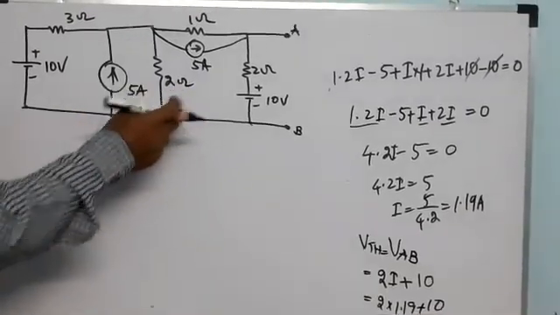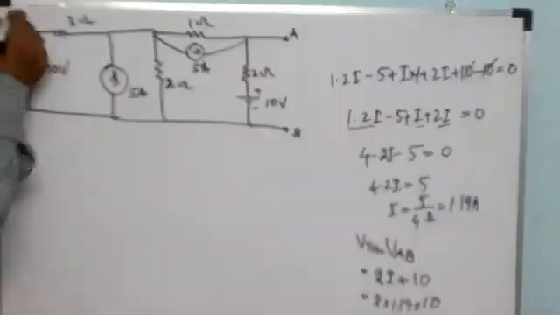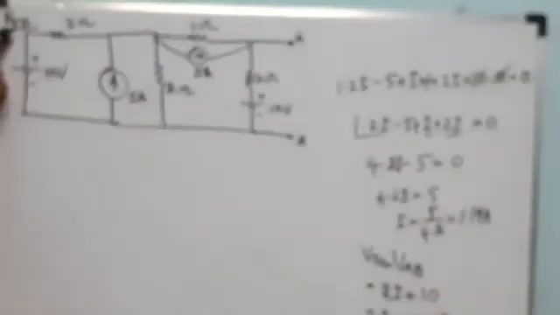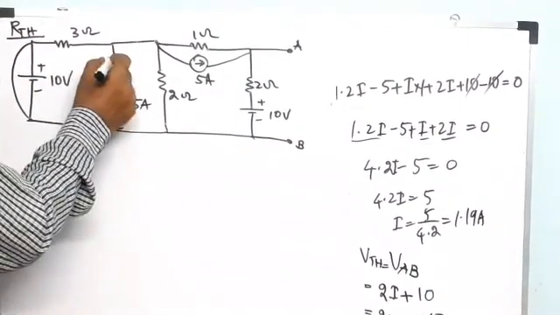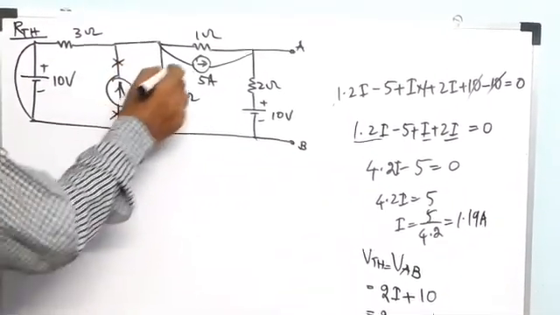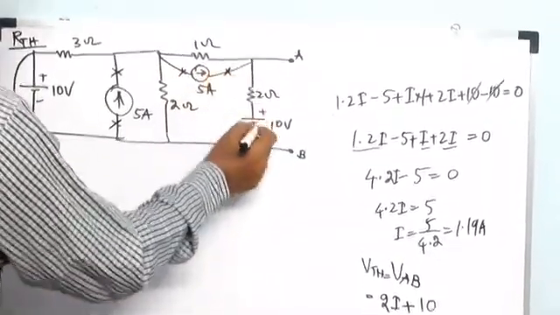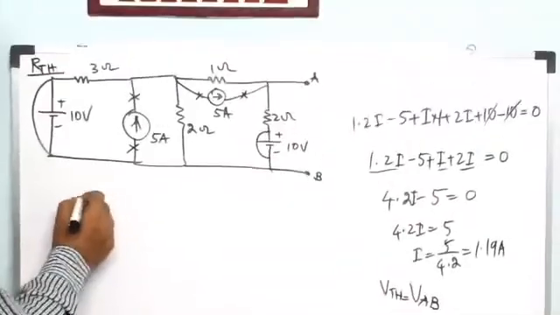Now we want to find the RTH for the previous circuit. For determining the RTH, the voltage source is shorted. If a current source is there, it is open. Here it is short. Now I am rearranging the circuit.